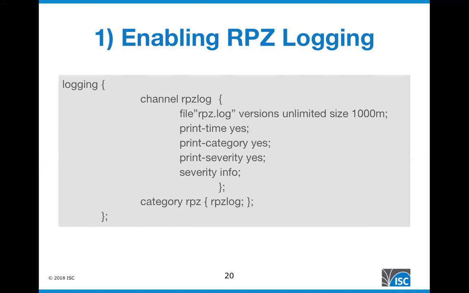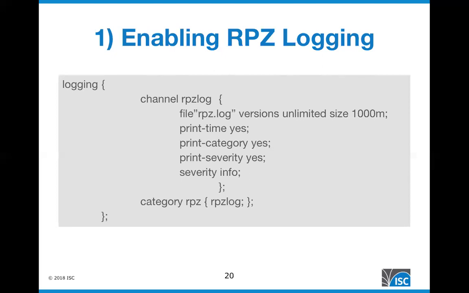This is a pretty straightforward setup of a logging configuration. We have unlimited versions, and we have them set at 1,000 megabytes apiece. So each time the log reaches 1,000 megs, it goes to a new log, so you're not having one entirely huge file.